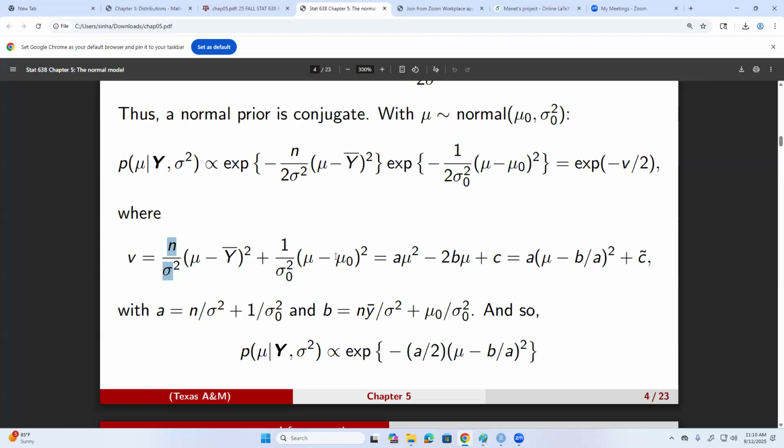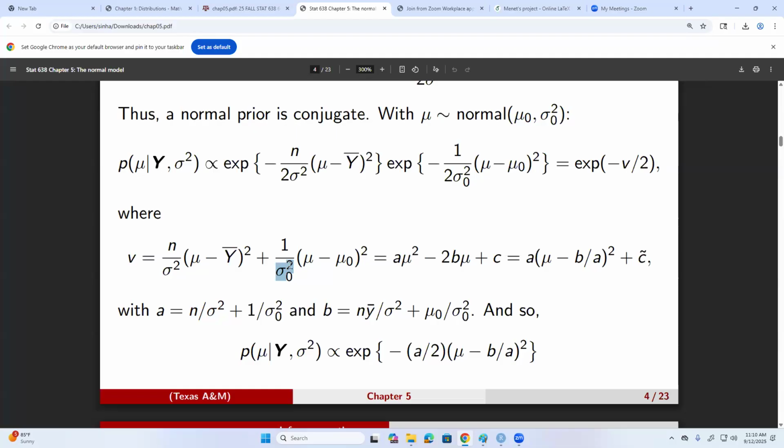Now I can write this as a times mu square minus 2b mu plus c. A is the term collecting all the coefficients of mu square. So you get n over sigma square from here and 1 over sigma 0 square.